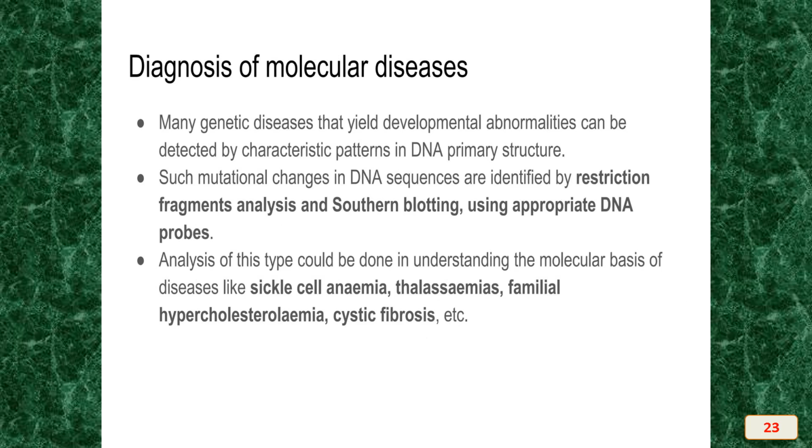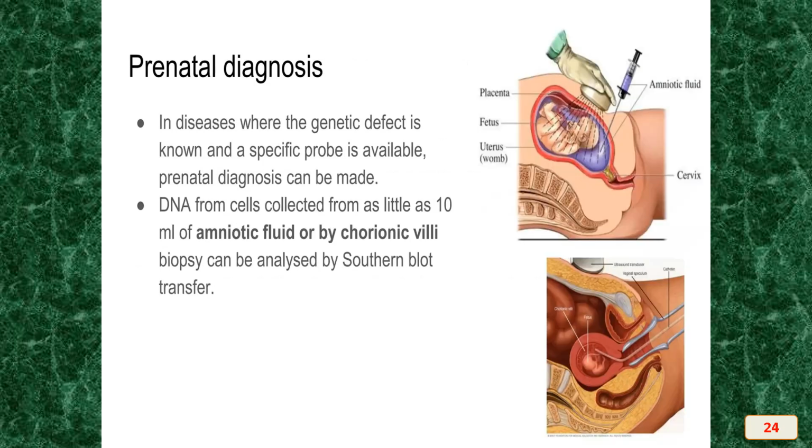And diagnosis of molecular diseases can also be done, like sickle cell anemia, thalassemia, familial hypercholesterolemia, cystic fibrosis, and many more diseases. Another thing is prenatal diagnosis, for diseases where the genetic defect is known and a specific probe is available. Prenatal diagnosis can also be done using amniotic fluid, especially from the placenta and the uterus.